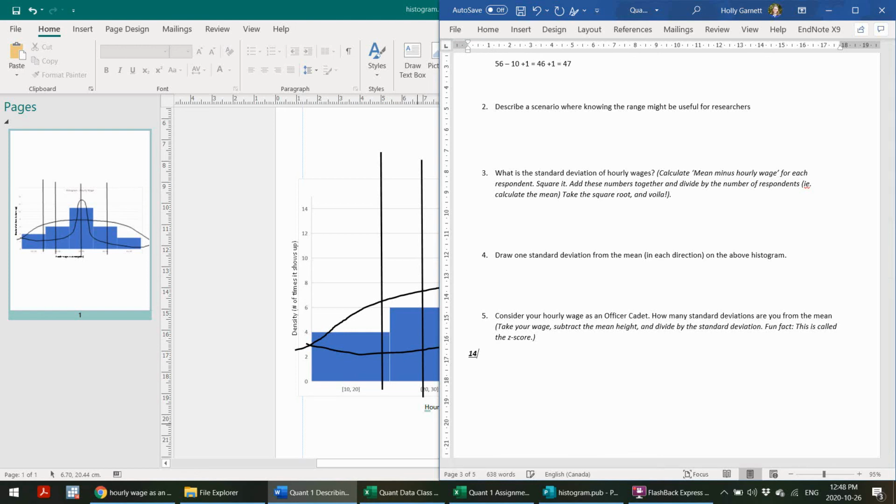So if you have your $14 an hour minus the mean wage, $35, I'm just going to do 35 minus 14. So you're like 21. And 21 divided by 11 is almost 2-ish. So you're about 2.